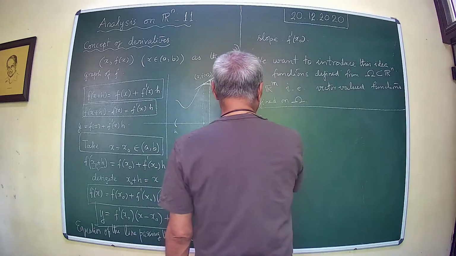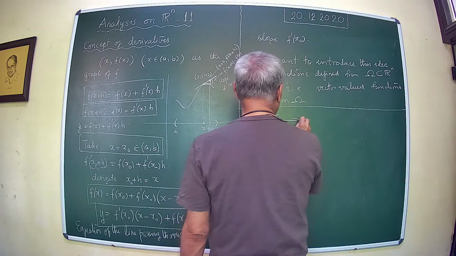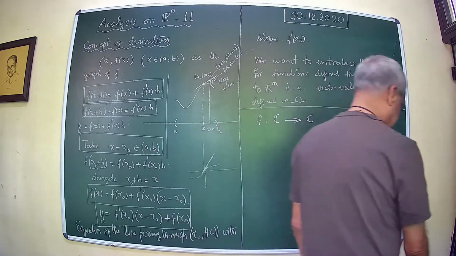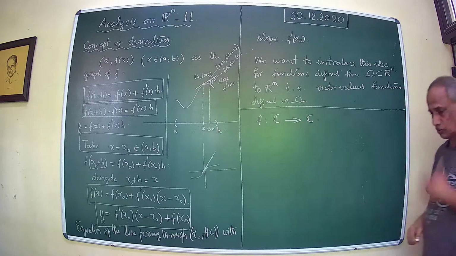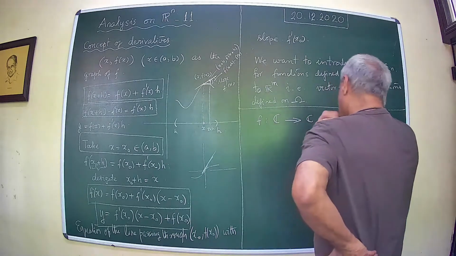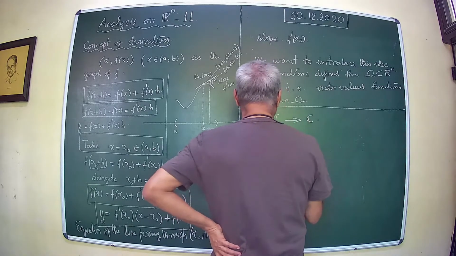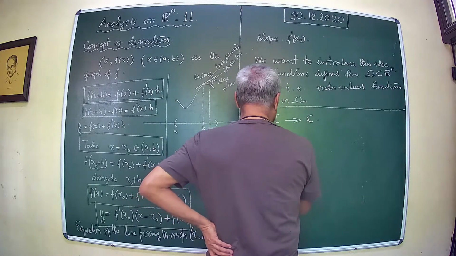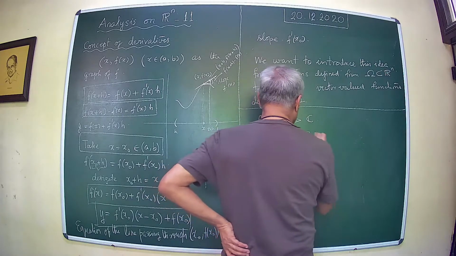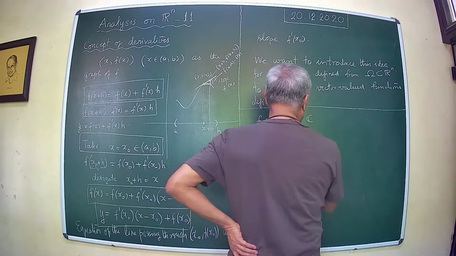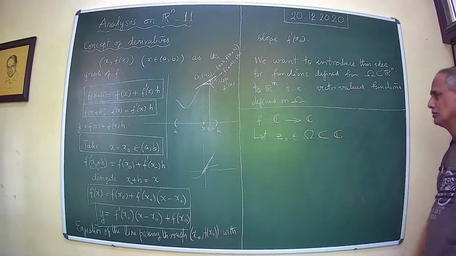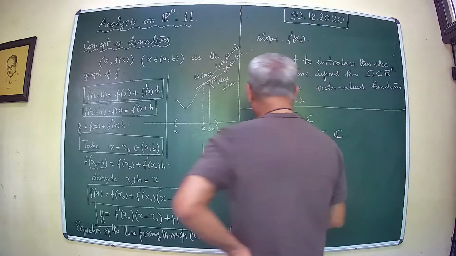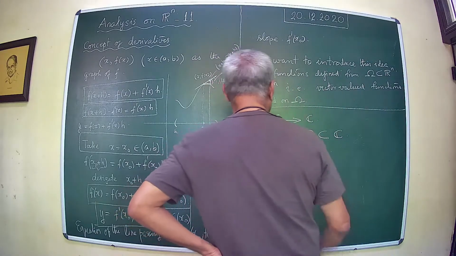Look at complex valued functions of a complex variable. What happens? How do we define the derivative? Let z0 be a point in C belonging to omega, where omega is an open subset of C. Now we want to define the derivative of f at z0.